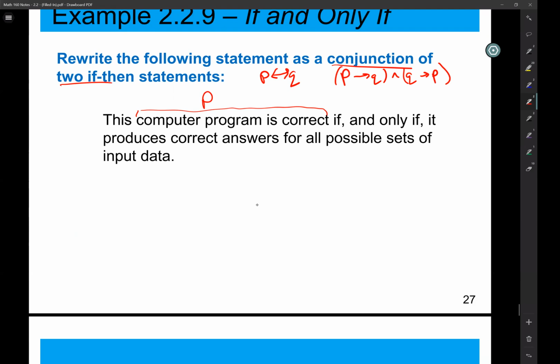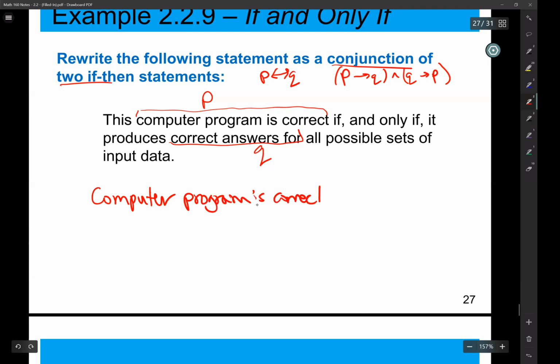Computer program is correct if and only if it produces correct answers. So you would say, computer program is correct, then it produces correct answers.